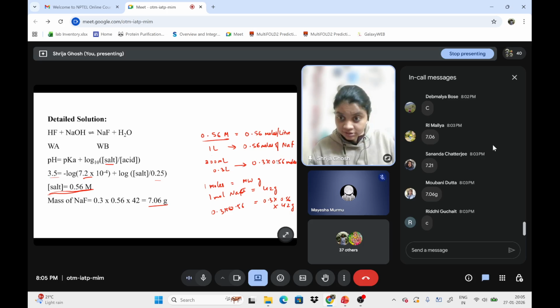I'll also check once. 0.3 into 0.56 into 42. Yeah, 7.056 is the exact answer. How are you getting 7.21? Check your calculation again and ask if you have any doubt.